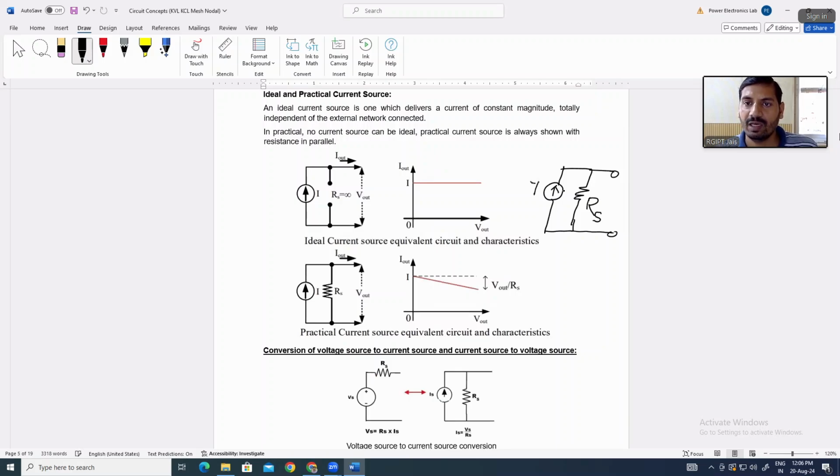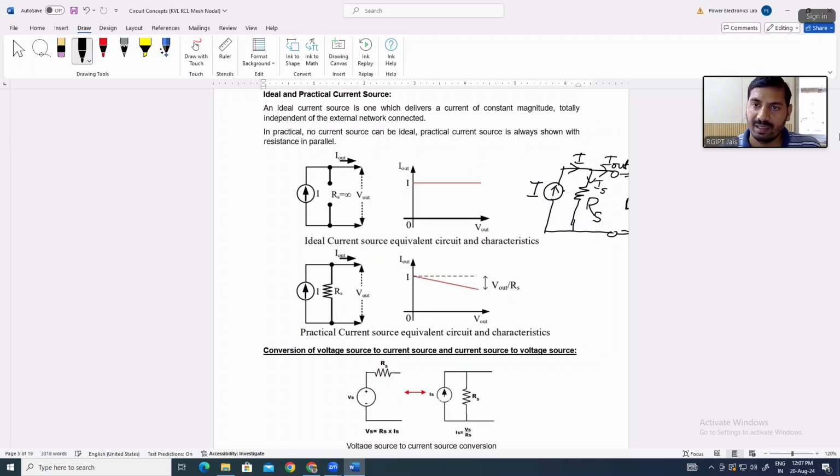If it is a current source and the value is I, the internal resistance RS will be connected in parallel to the I, and across the terminals of this source we can connect a load. So here you can see that this is I, and there will be an output current, here IS will be there, suppose.